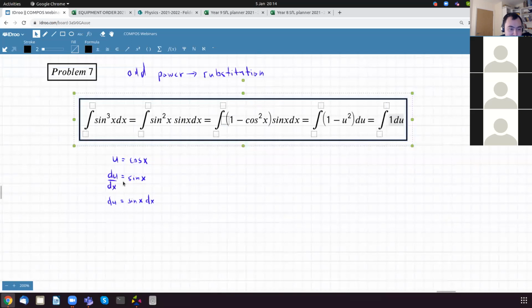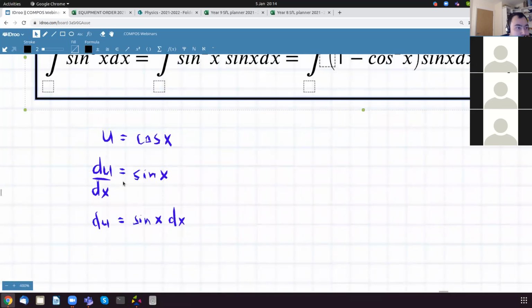Sorry, of course, I made a mistake here. This is minus sine x, so it's minus sine x dx. So minus du is equal to sine x dx.